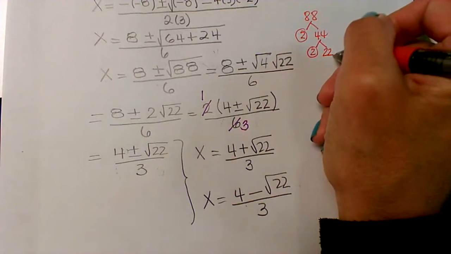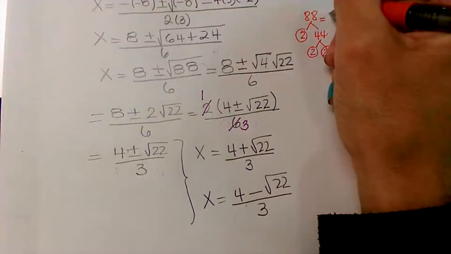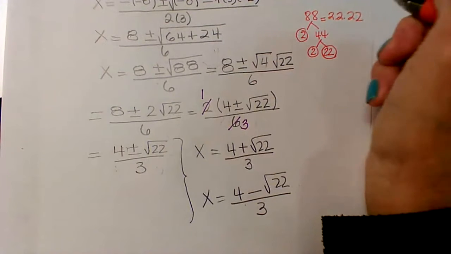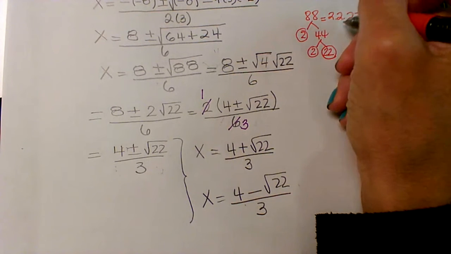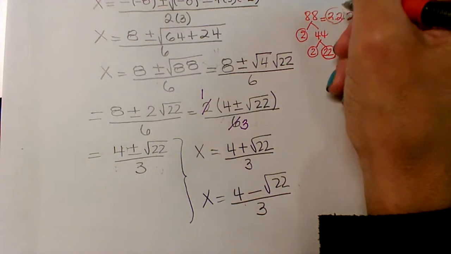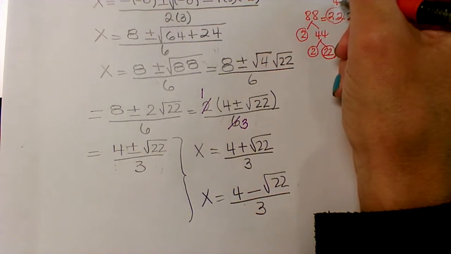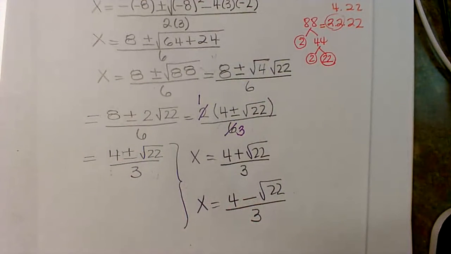And I cannot divide it by anything else. So the factors of 88 are what? 2 times 2 times 22. So right there, I know I have a 4. And 4 is a perfect square. Okay? That's how I break that down.